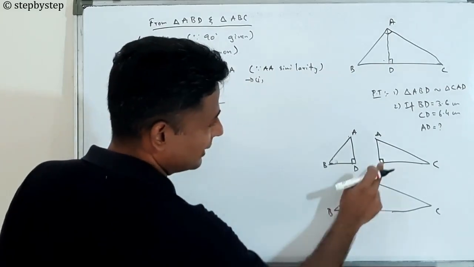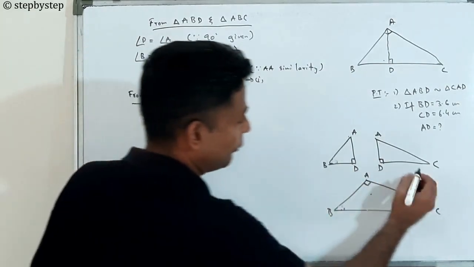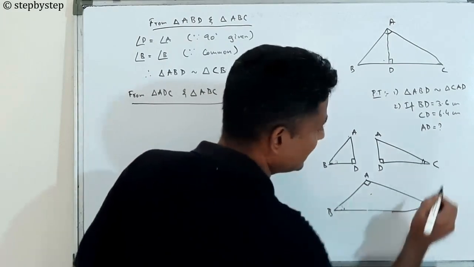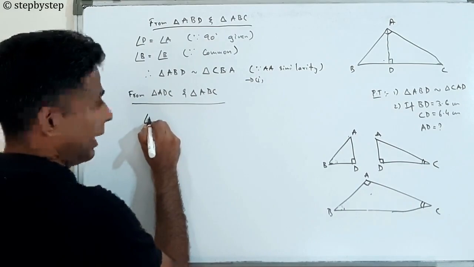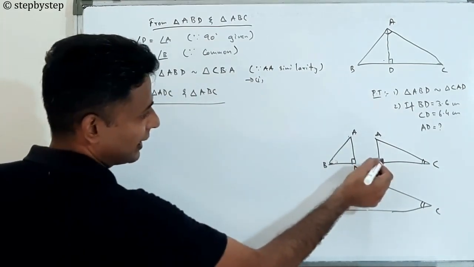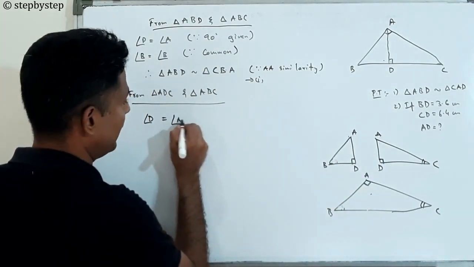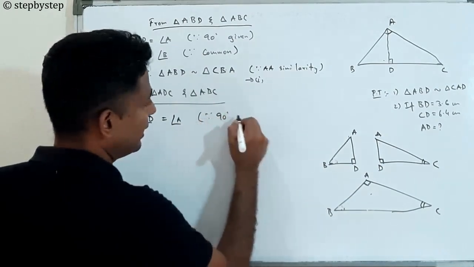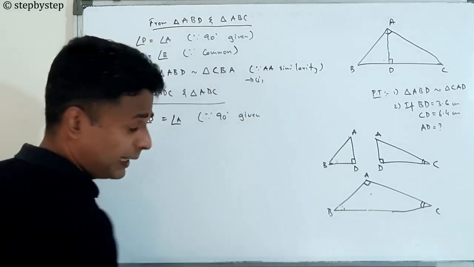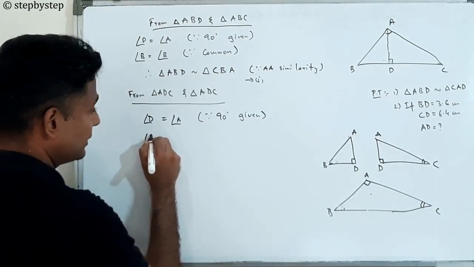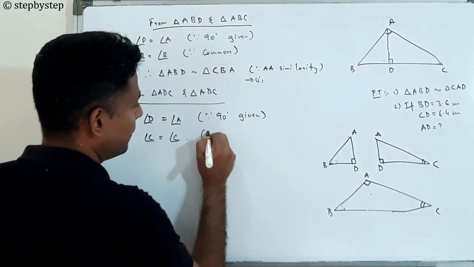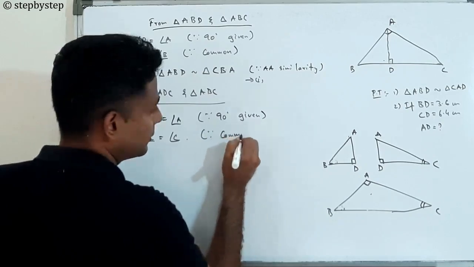Again, we have this and this as 90 degree, and if you observe, angle C is common. So what do we get? Angle D, this angle equal to angle A, because 90 degree given, right? Also angle C equal to angle C, because common.